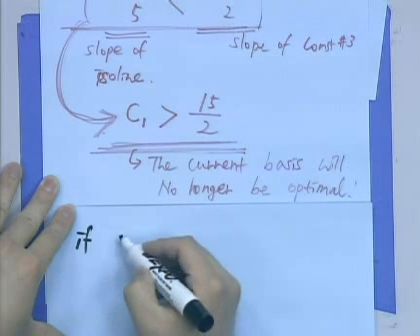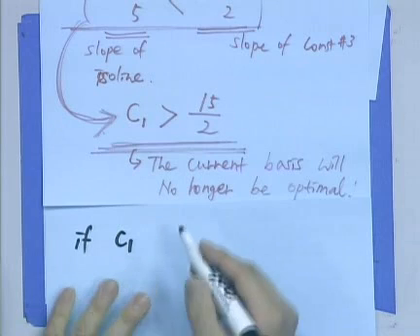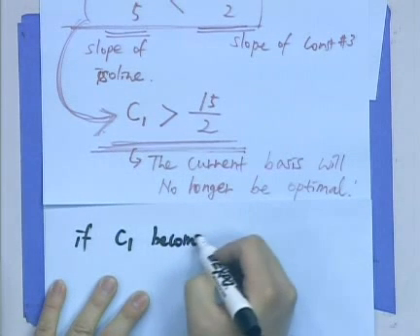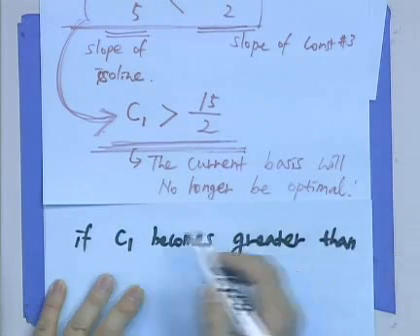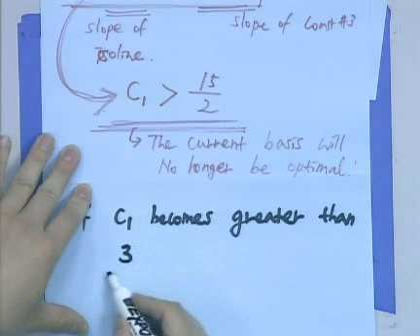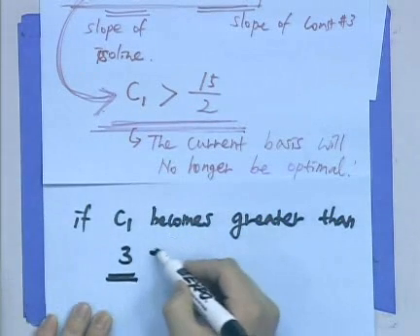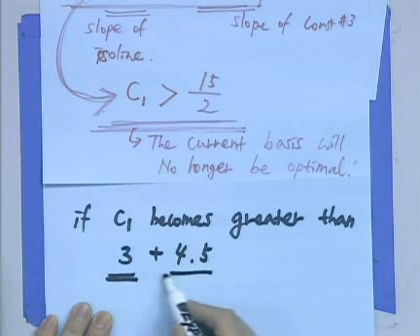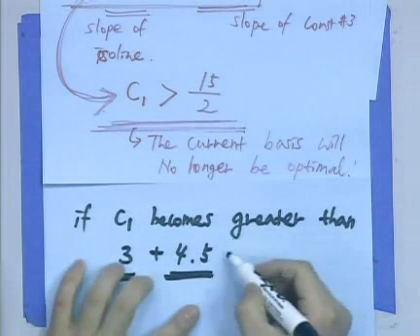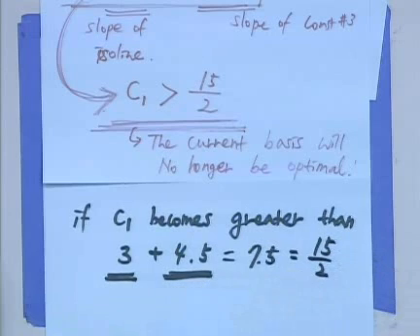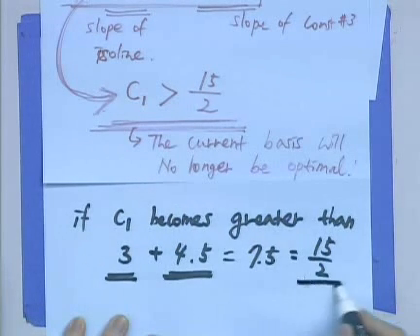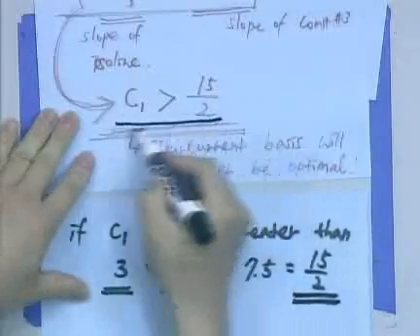So if C1 becomes greater than 3, that is the current value, plus 4.5, that is the allowable increase limit, which becomes 7.5, right? That is 15/2. Then the current basis will no longer be optimal. And we already knew this fact, right? From here, right?